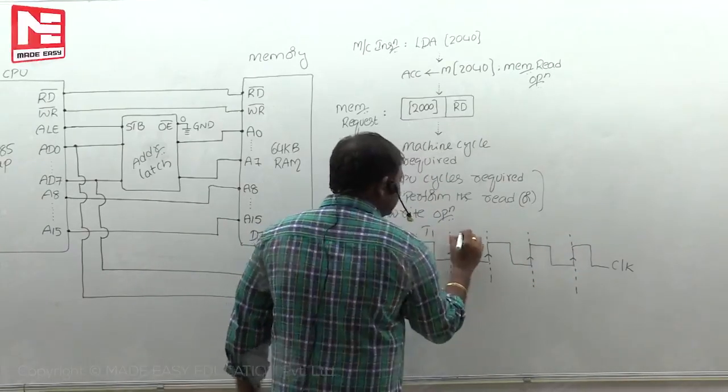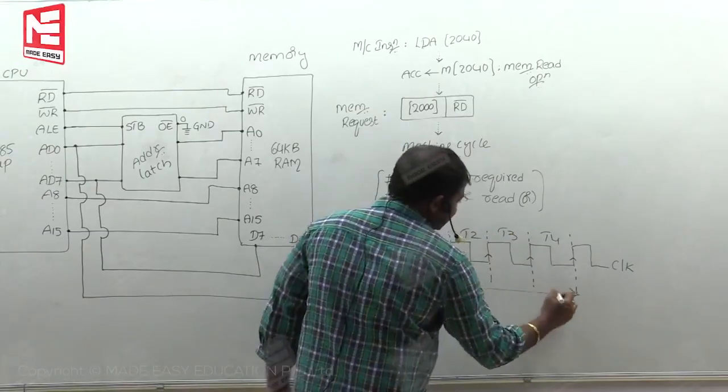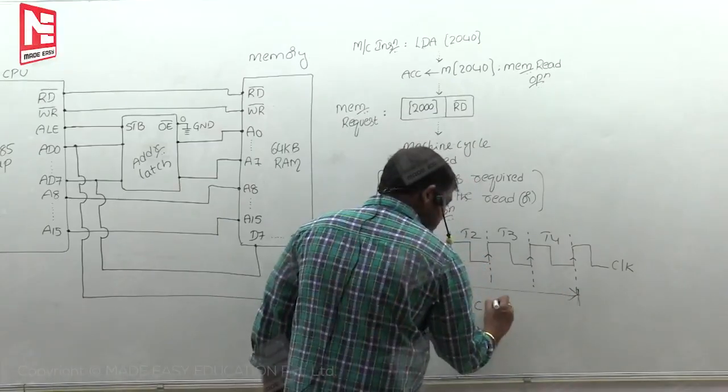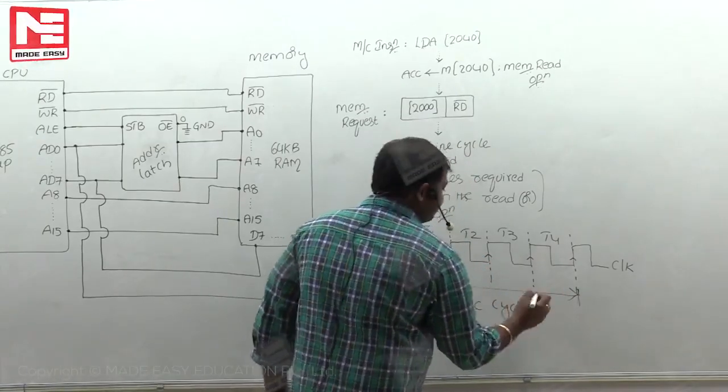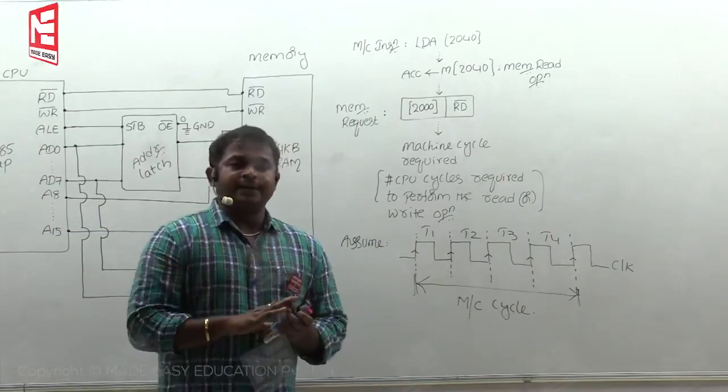T1, T2, T3, T4. So these 4 cycles are considered as one machine cycle. Like this, machine cycles are defined.